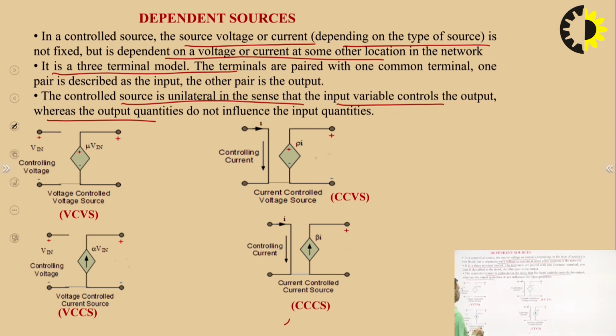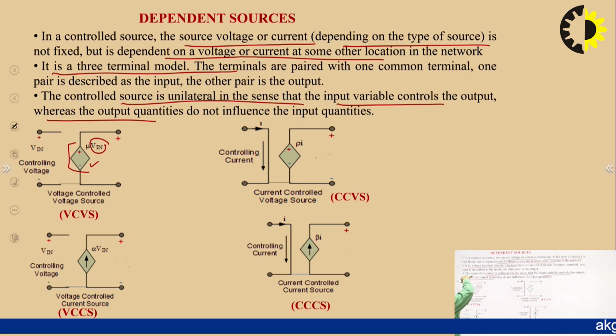Voltage controlled voltage source: the voltage source has polarity, and outside it is Vin. The magnitude of this voltage source depends upon the magnitude of Vin. So the voltage of this source is controlled by Vin.